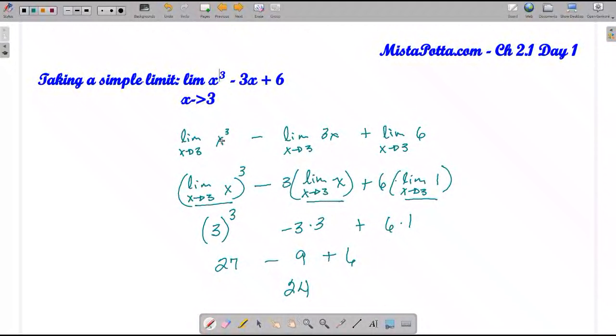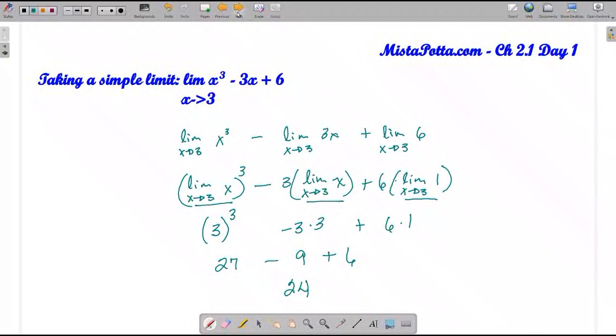And this technique of using those properties of limits works in this example, and in fact they'll work for any polynomial.